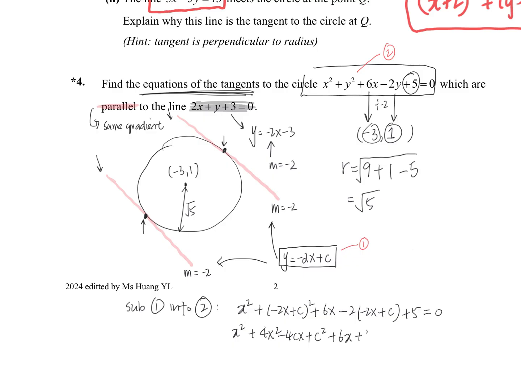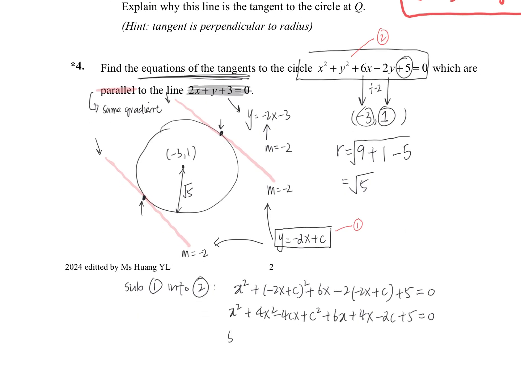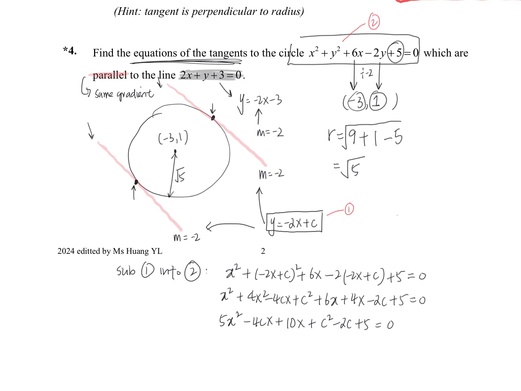Okay, looks very scary. Then I simplify. Okay, so I end up getting here. What do you think I can do? What kind of equation is this?